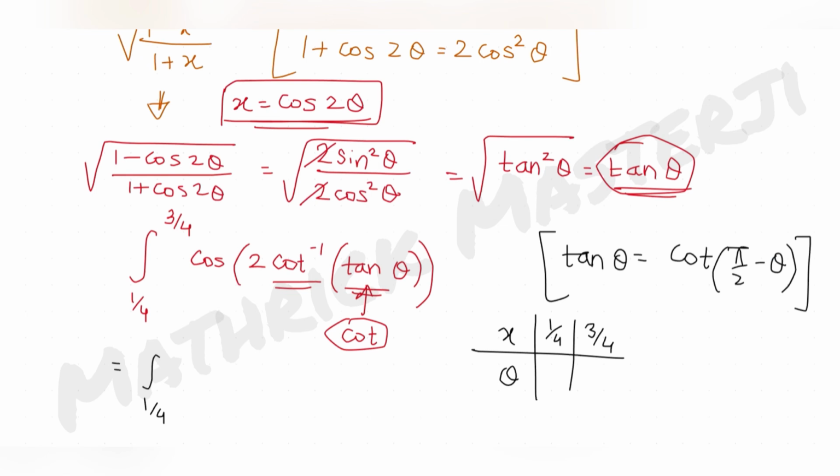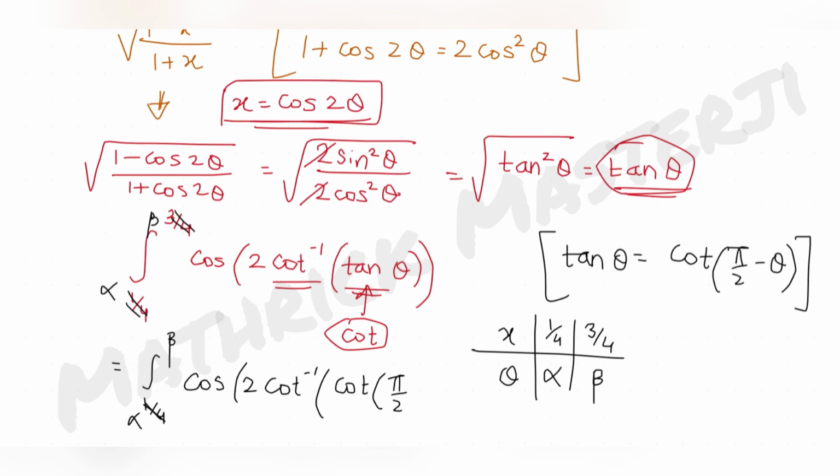So let's call the limit for 1/4 alpha and for 3/4 beta. My limits become alpha to beta, and I get the integral from alpha to beta of cos of 2 cot inverse of tan theta, which I can write as cot of 90 minus theta.